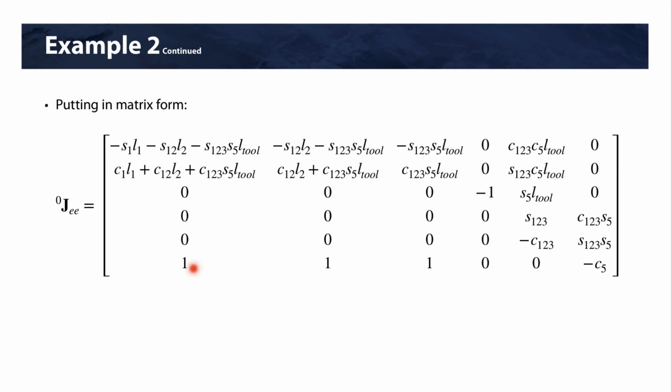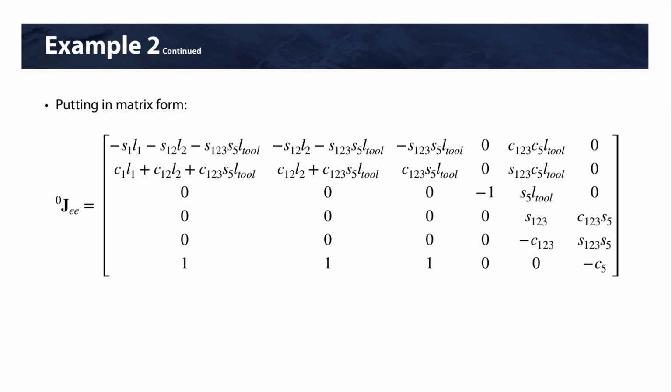Okay, and remember, each column is one joint. So this is joint 1, joint 2, joint 3, joint 4, which is our prismatic joint, joint 5, and joint 6. And if you compare this answer to the answer from the previous example, where we used joint directions and derivatives, you see we get the same answer, which is what you would expect.